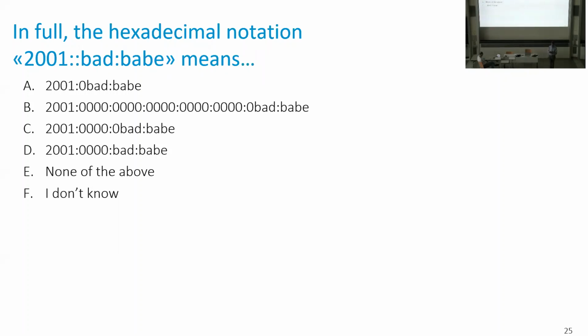I close the poll. And the majority says B, which is the correct answer. So it's very important to be able to do those mappings, because when you analyze prefixes in particular, in routing tables, this will always come back. It's easy, but important.